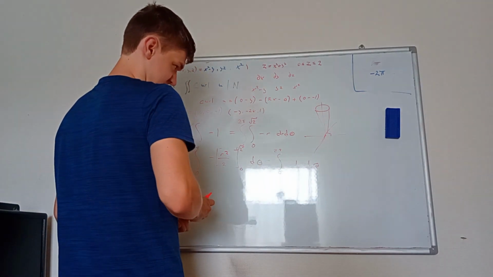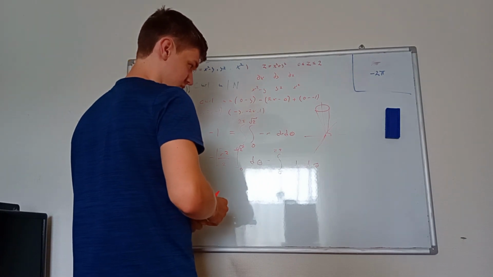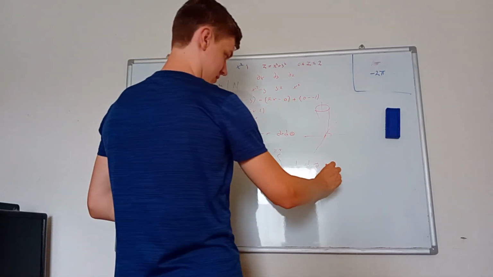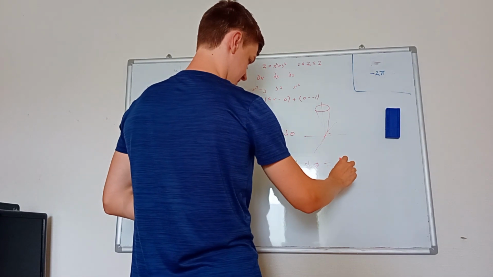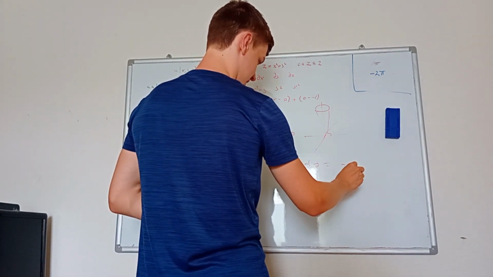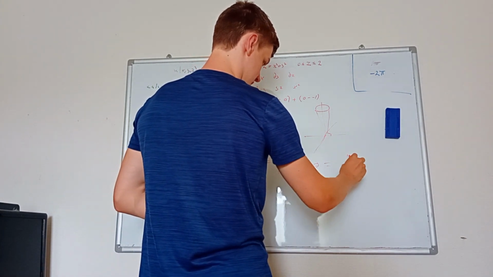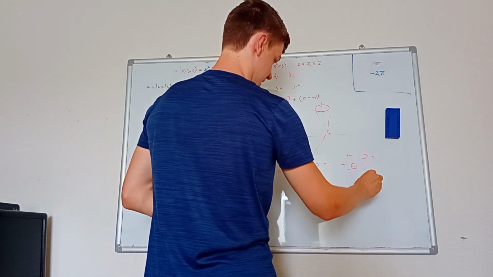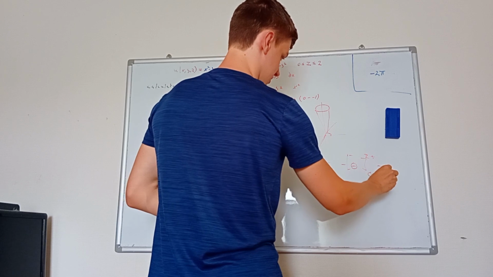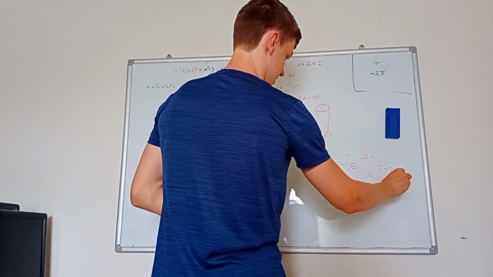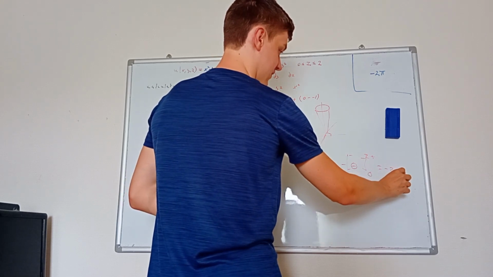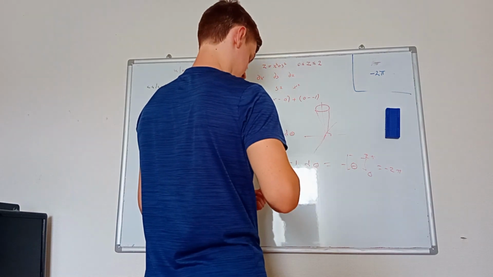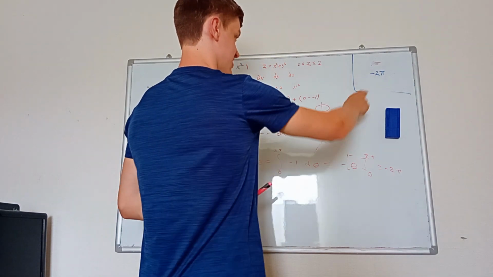All right, so if we take the integral with respect to theta, we get negative theta between 2 pi and 0, which is negative 2 pi, which is the correct answer.